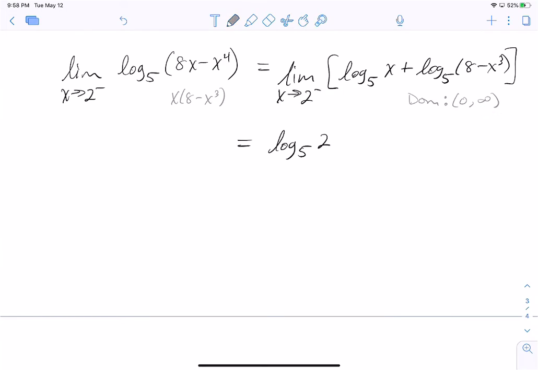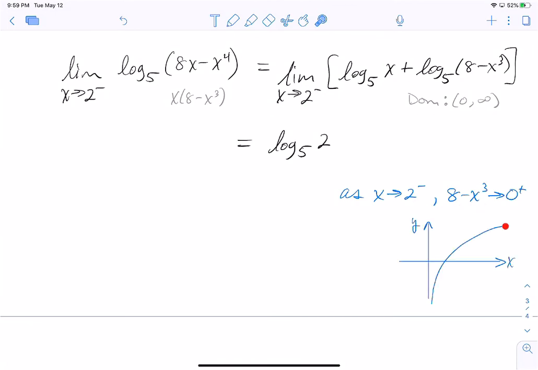However, it is the case that as x approaches 2 from the minus side, 8 minus x cubed approaches 0 from the positive side. See, we're talking about approaching 2 using values less than 2, and so cubing them will give us values less than 8.